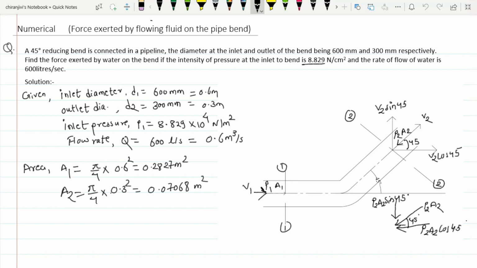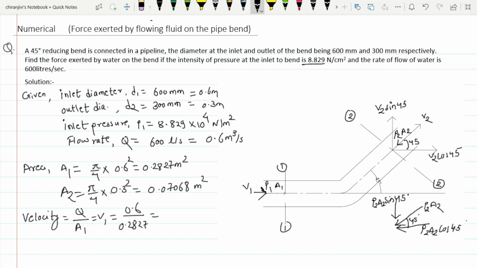Now with this area and flow rate, we can find here velocity. Velocity is discharge upon area. Here velocity V1 we can write Q 0.6 and area A1 0.2827.